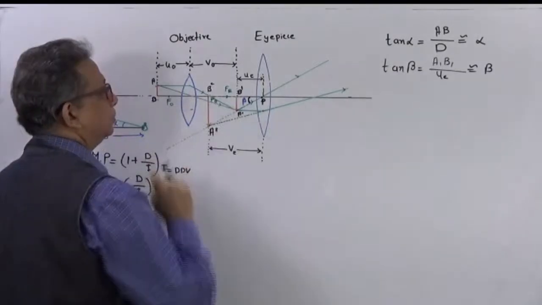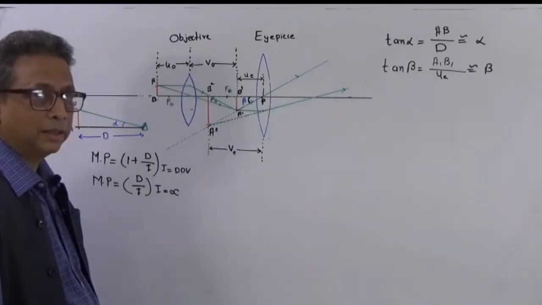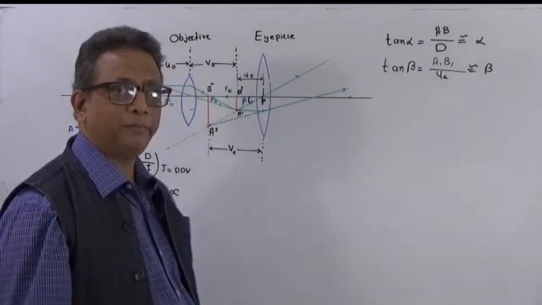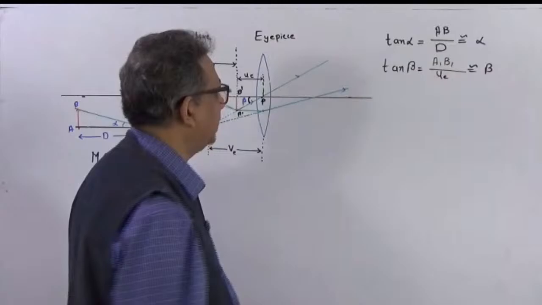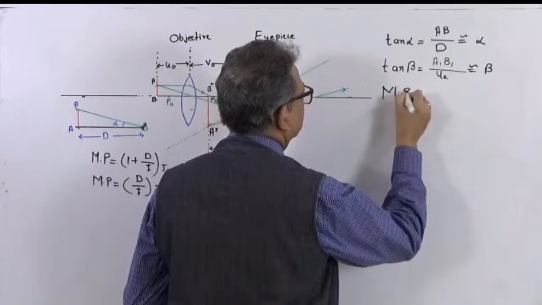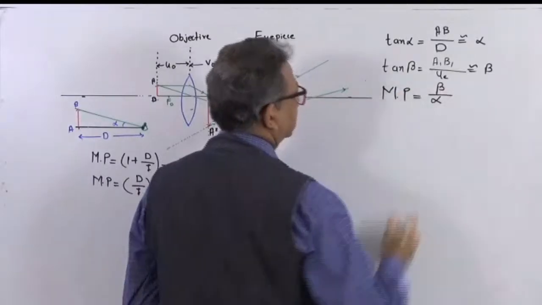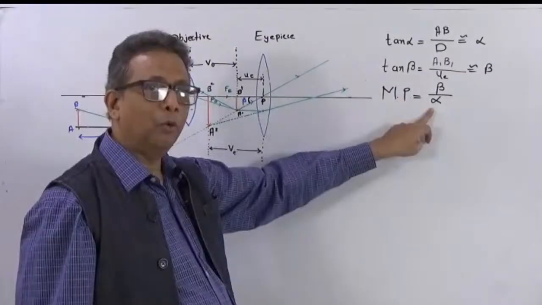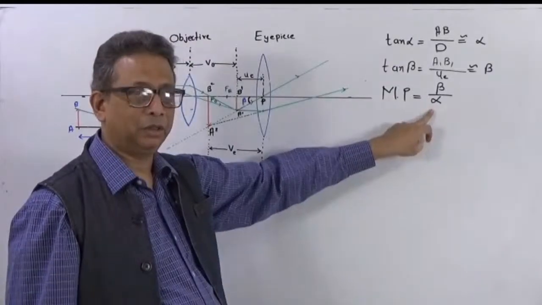So how can we describe the magnifying power of a lens? The magnifying power of a lens can be described as beta upon alpha. So beta is larger than alpha. The higher the angle beta, the higher will be the magnification, because alpha will be fixed for an object, no?